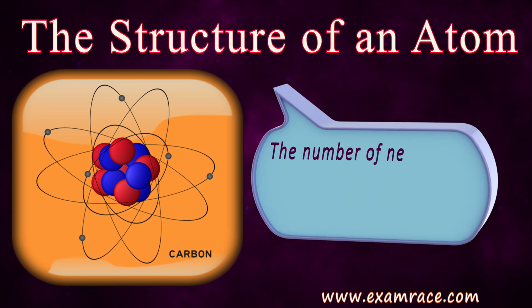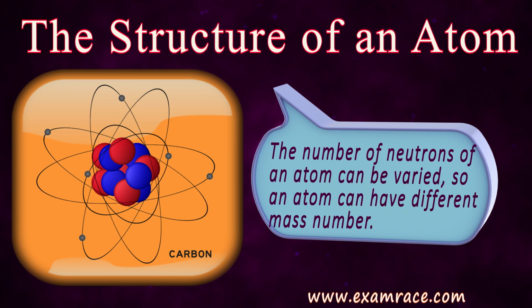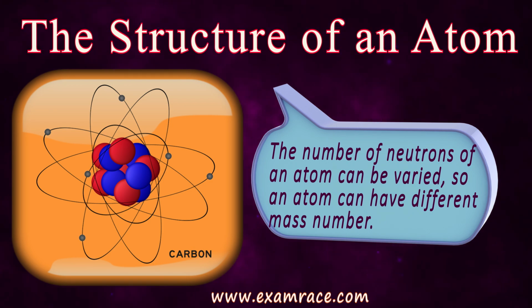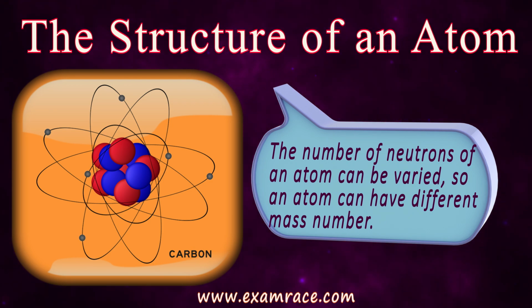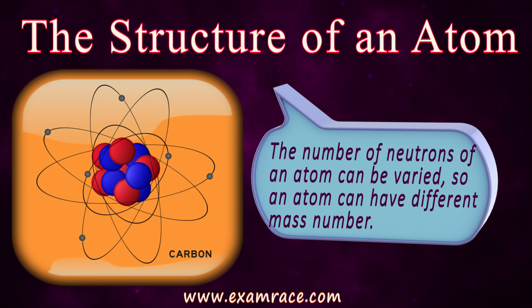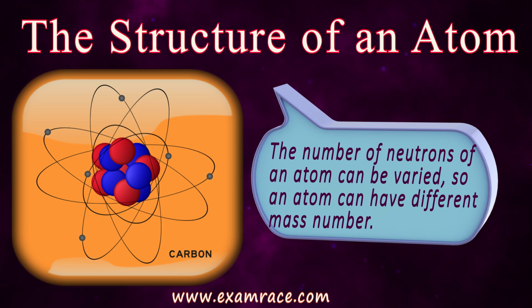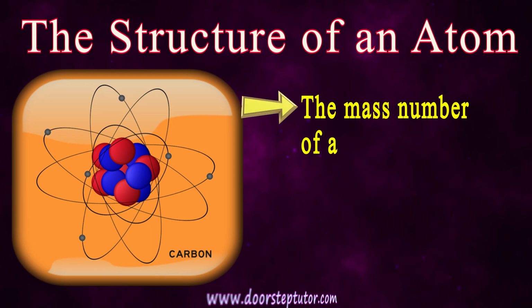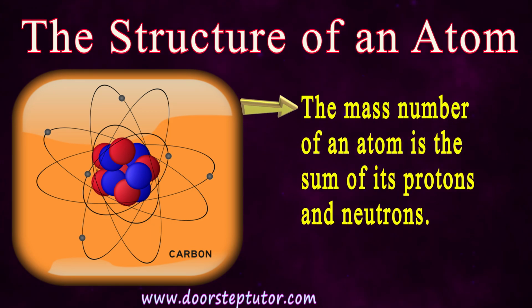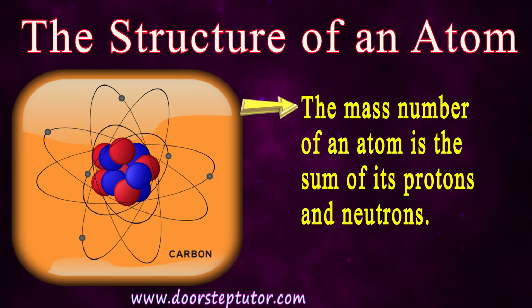So when we have different mass numbers, that means the number of neutrons has varied, because we have learned that the number of protons never changes. So let's have a quick revision: atomic number talks about the number of protons plus electrons, and mass number means the sum of protons and neutrons.